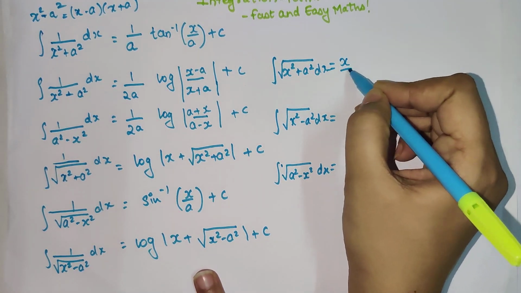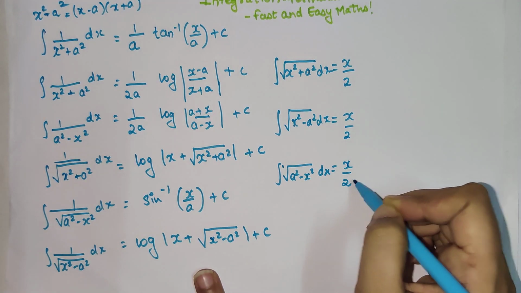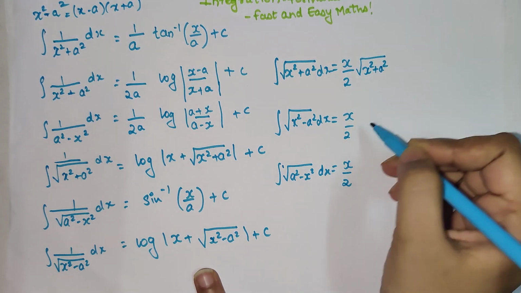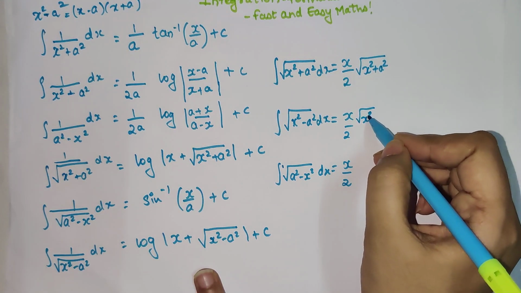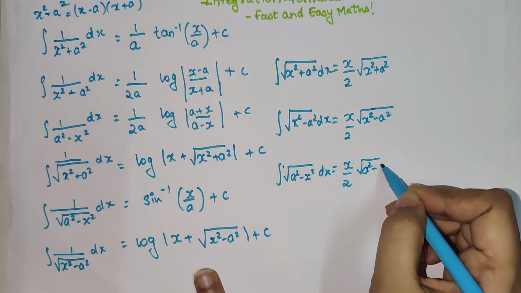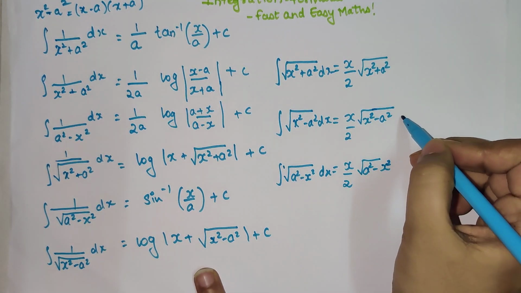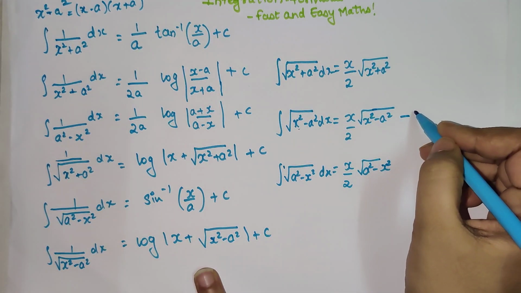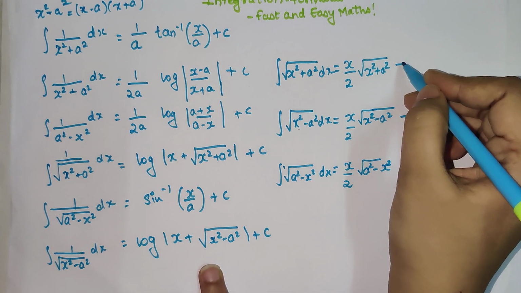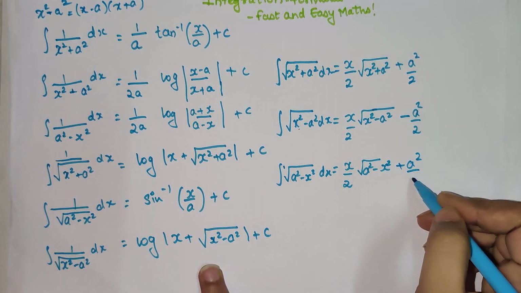First thing very common to all of them is x upon 2 multiplied by the question. Now here, since we have a minus between x square and a square, we will just have a minus over here. Otherwise, in both the cases we have plus. So how will you remember this?